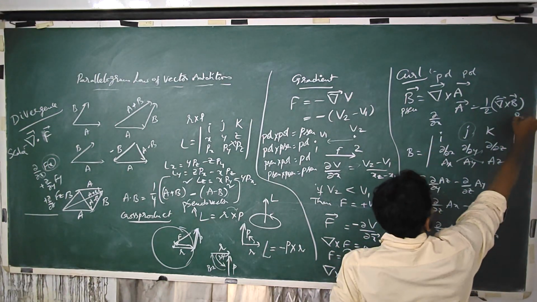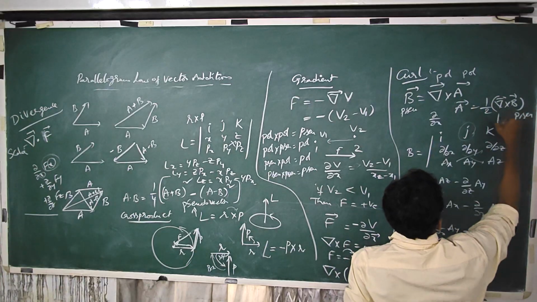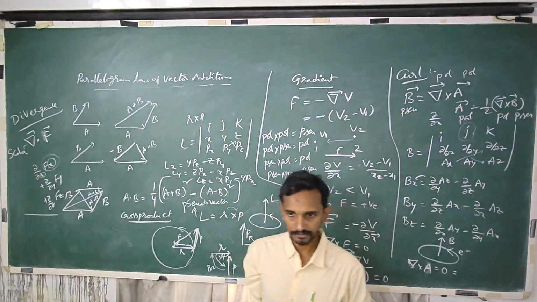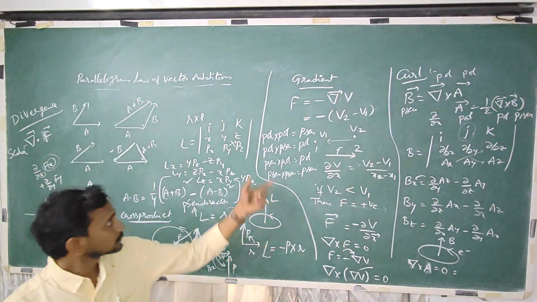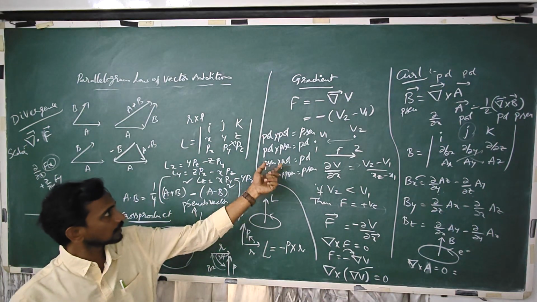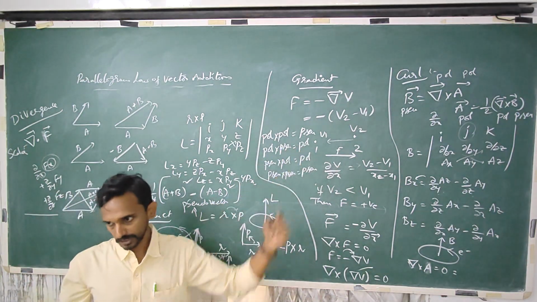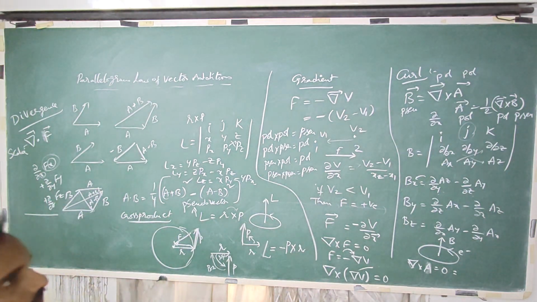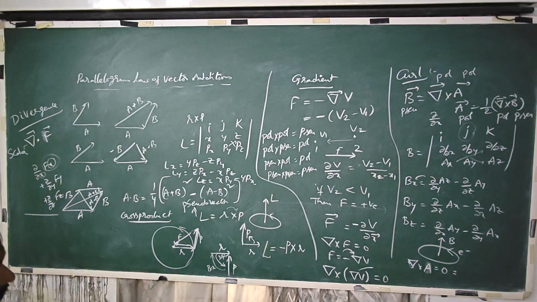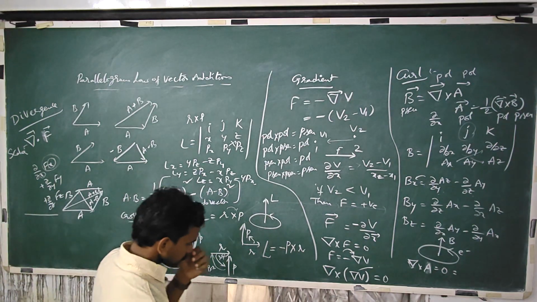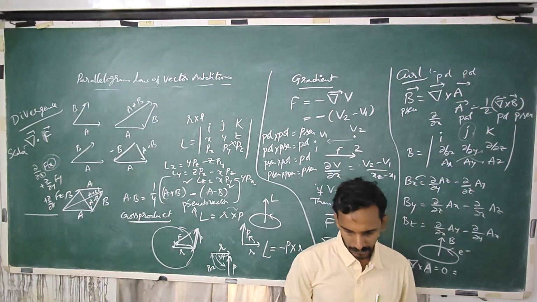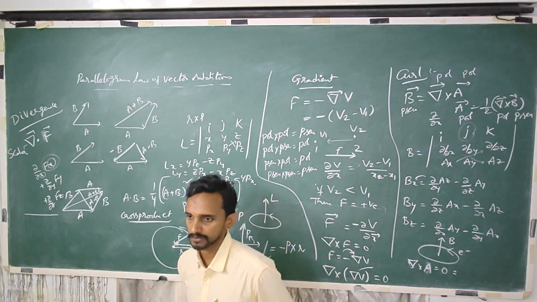So here pseudo vector, polar vector, you get a polar vector as result. That is, if you multiply a polar vector with a pseudo vector, you will get polar vector as a result. Okay. So that is how we can confirm the nature of the vectors you are going to deal with.